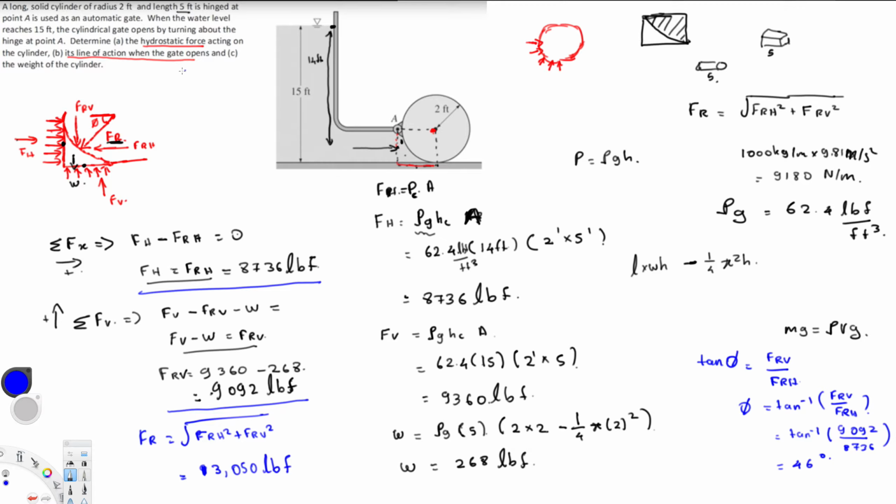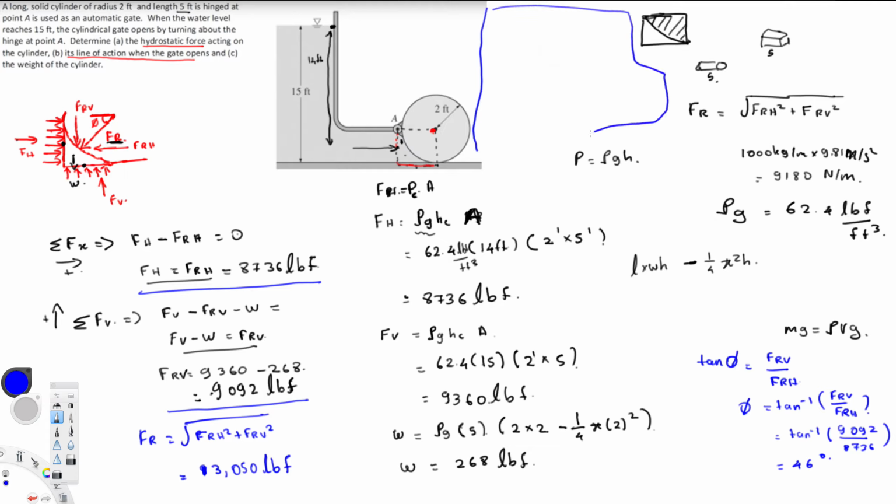Now the final question is the weight of the cylinder. So we have to calculate the whole weight. Let's raise this one and do this part right here. If I draw the cylinder and put all the forces acting on it, in the cylinder we are going to have the weight, and then we have this FR.